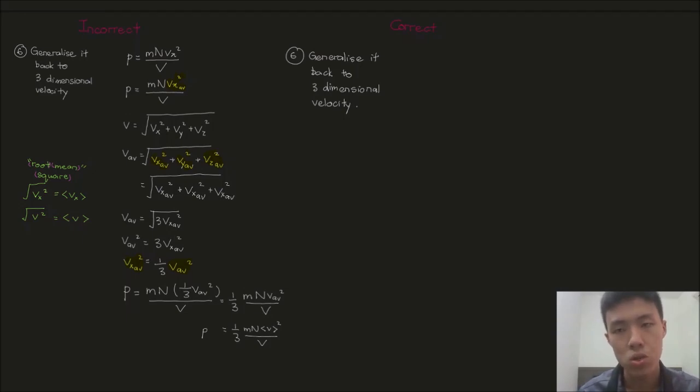We know from step 5 we end up with this equation, pressure P equals mN Vx square over volume.